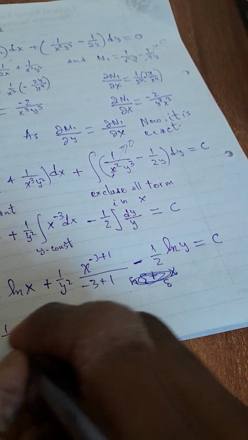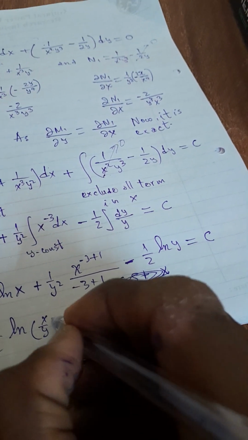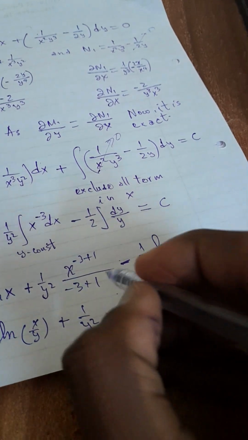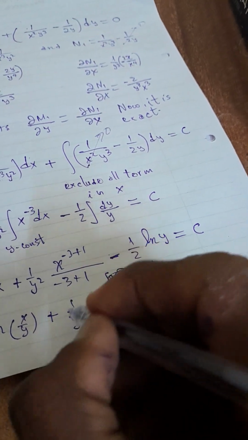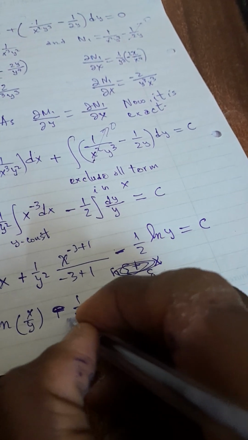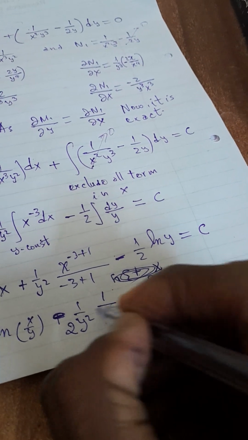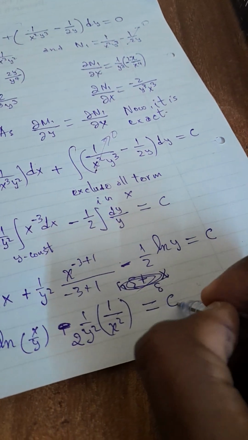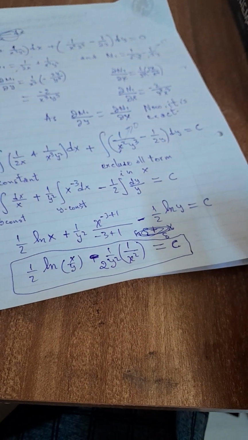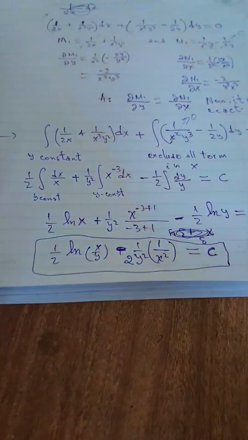And that will be 1/2 ln(x/y) plus 1/y^2, and here the denominator is -2, so it will be minus 1/(2x^2), equal to c. Just like that, and you are done. Thank you.